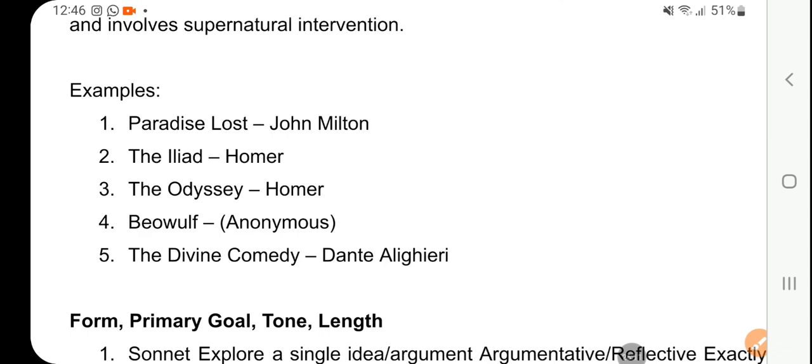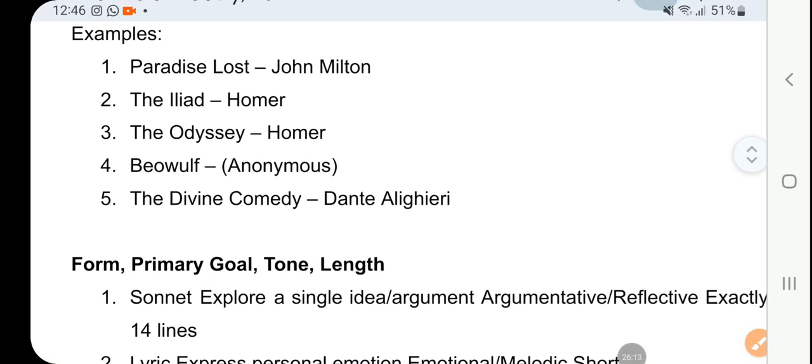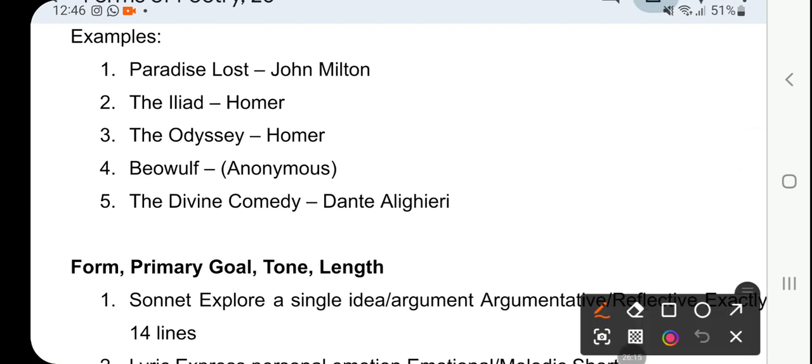Example: Paradise Lost by John Milton, with biblical description. You know that John Milton wrote this world-famous poetry after his blindness, right? Then Homer's work, the Iliad, very famous, and the same author's work, the Odyssey.